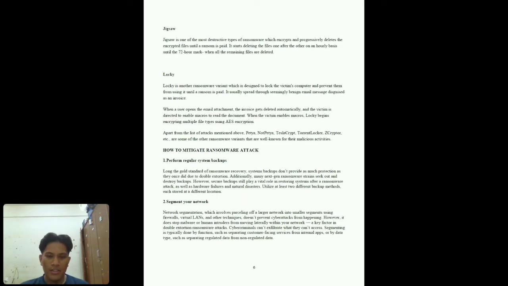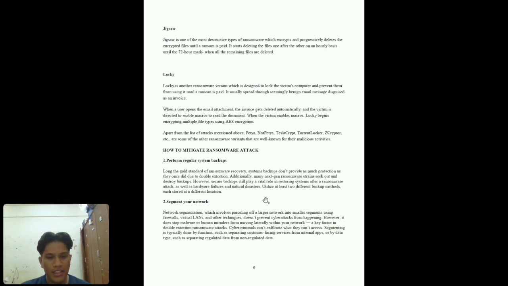However, secure backups still play a vital role in restoring systems after a ransomware attack, as well as hardware failures and natural disasters. Utilize at least two different backup methods, each stored at a different location.